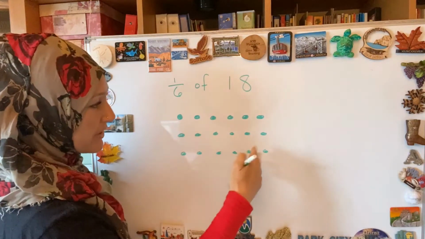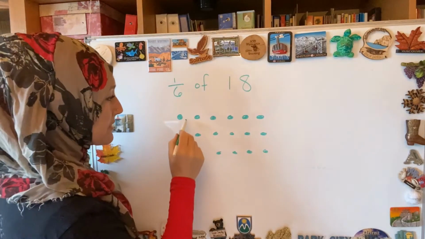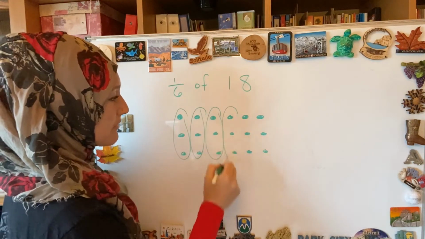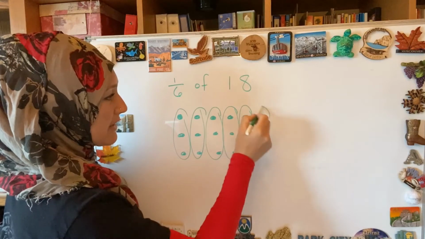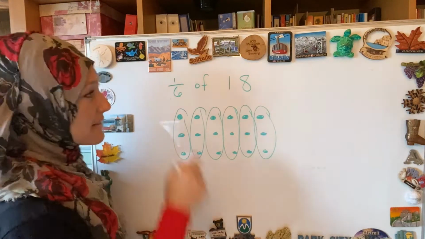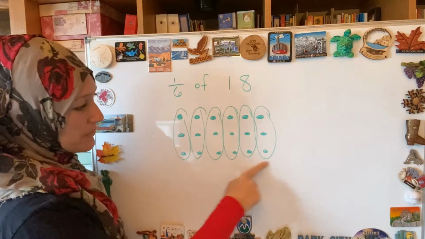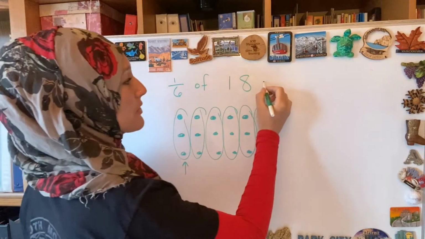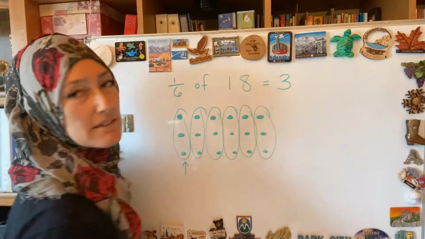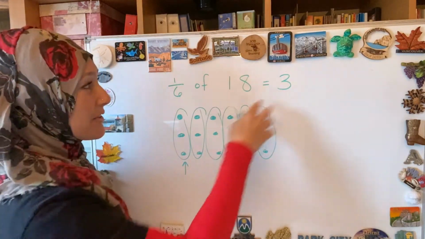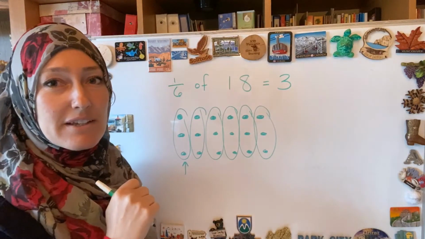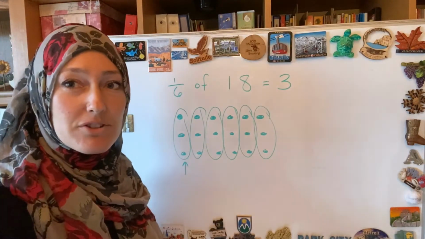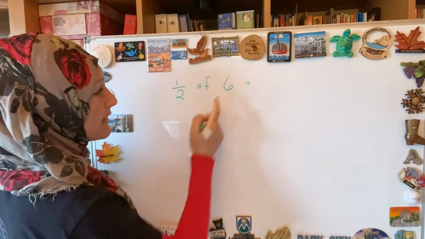So how am I going to draw 6 groups? 1, 2, 3, 4, 5, and 6. 1 out of those groups, how many are inside of 1? There's 3 in here, so 1/6 of 18 is 3. And again, start recognizing there's a pattern and some shortcuts that you can do without the modeling that you're going to get to eventually. Start with writing the amount first.